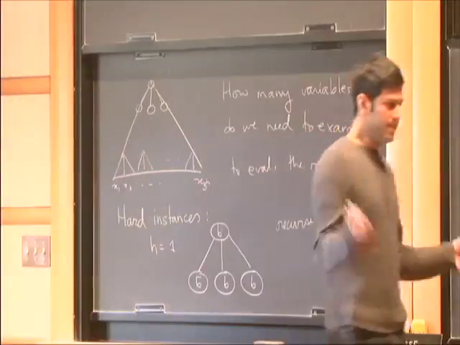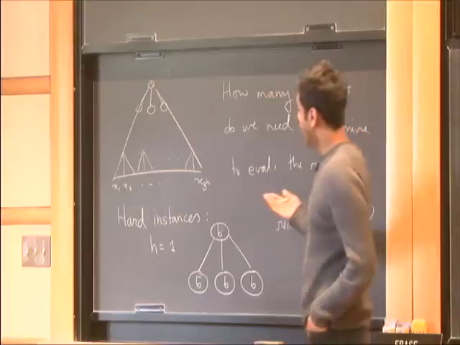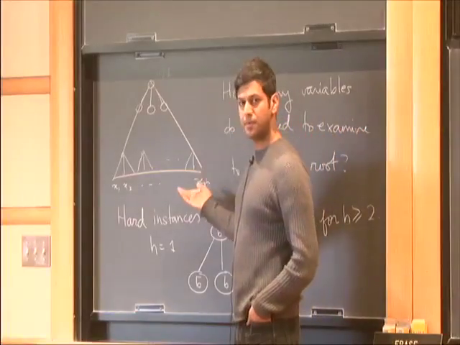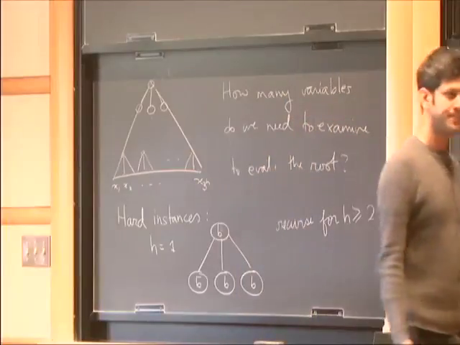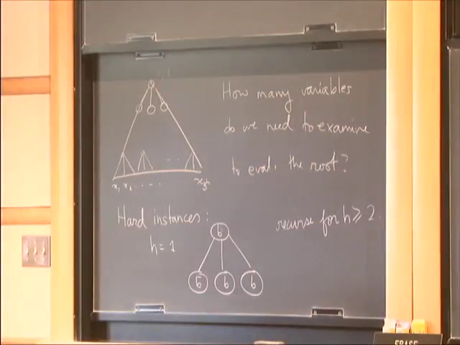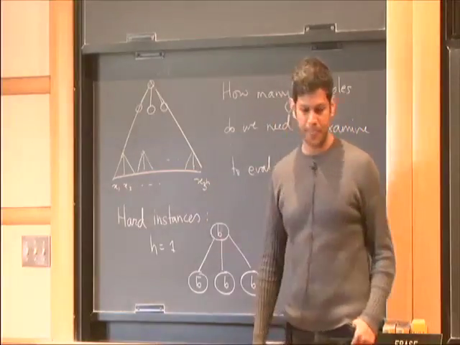So just using this observation, you can argue, it's not a difficult argument, that any deterministic algorithm for this problem will have to examine all 3 to the h variables. And I'm not sure, but there may well be a more generic argument for read-once formulae of this kind that says that the deterministic complexity must be n.